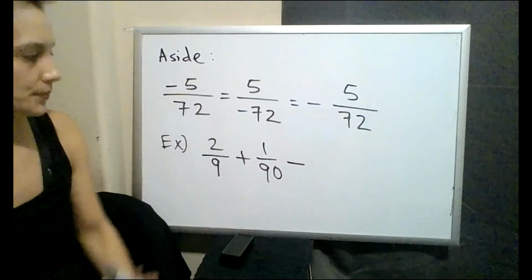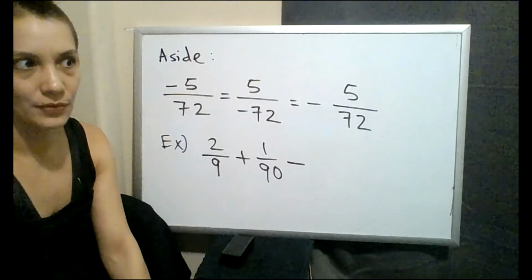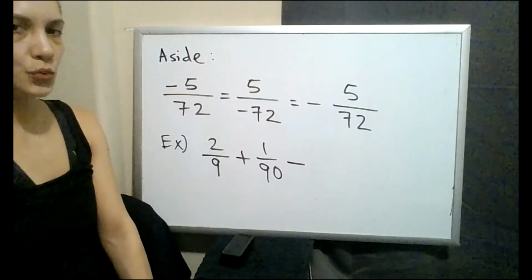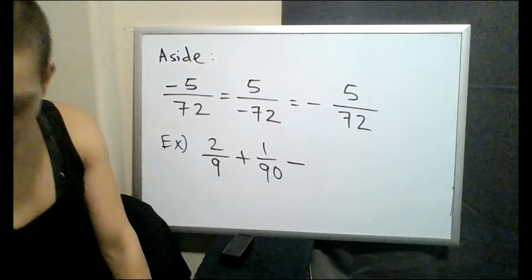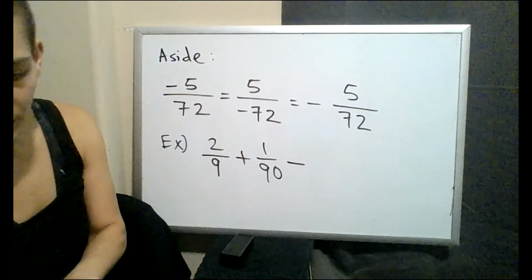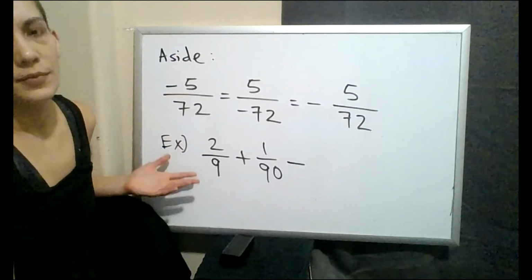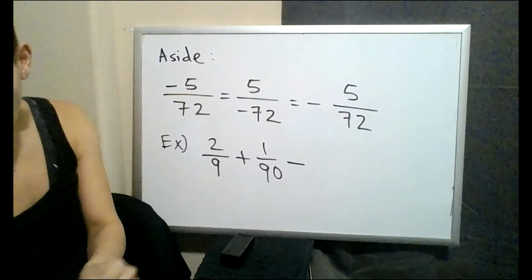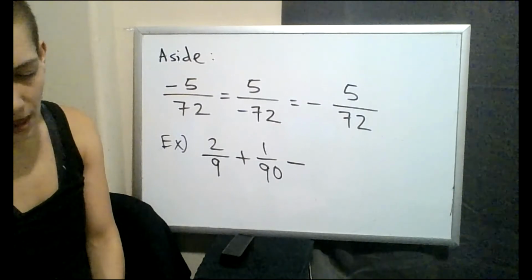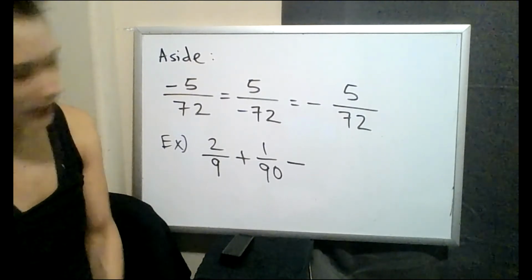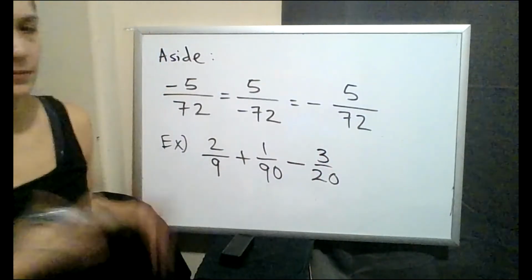Minus 2 over, let's see, something. I keep wanting to say some multiple of 5. Let's do 20. Okay, that's good enough.